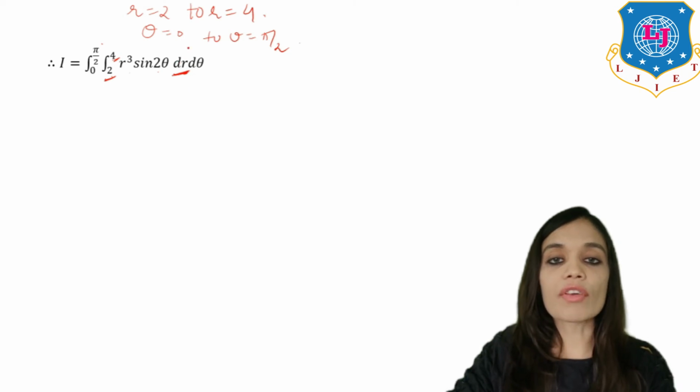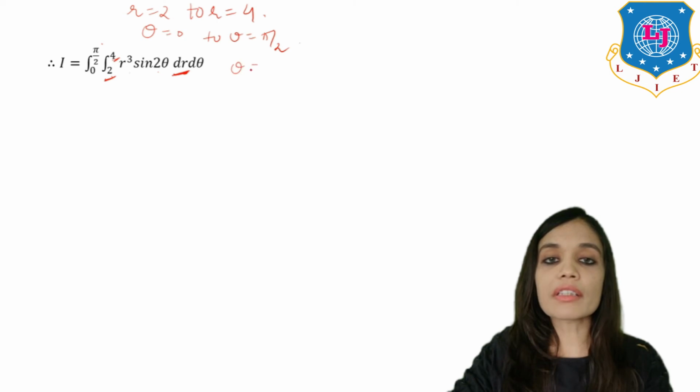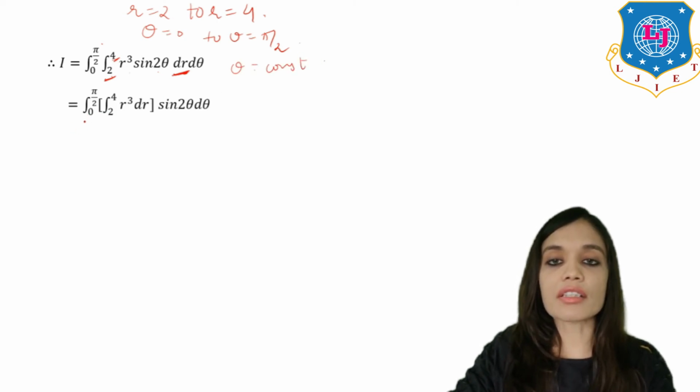Okay. So now let us start integration with respect to r, keeping theta as constant, right? So what will remain as it is? The integral from 0 to pi by 2 of sine 2 theta d theta will remain as it is, right? And we have to do the integration from 2 to 4 of r cube dr, right?